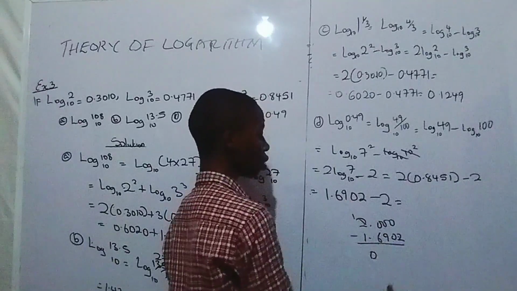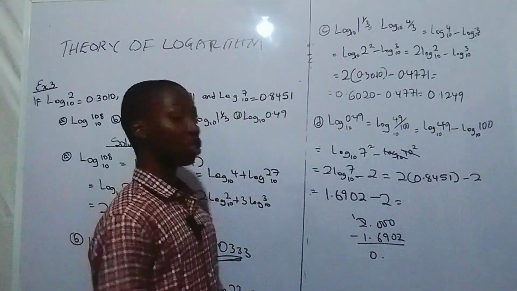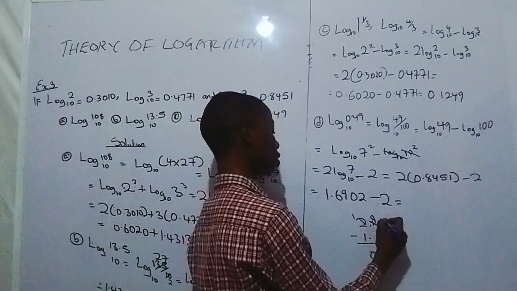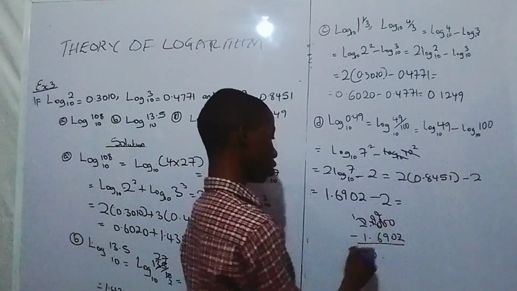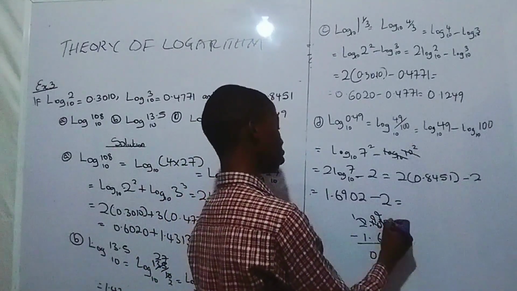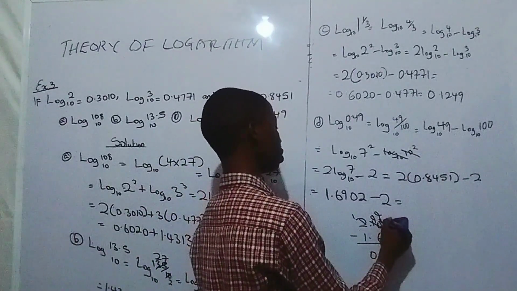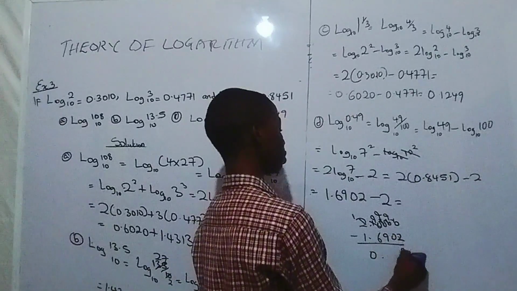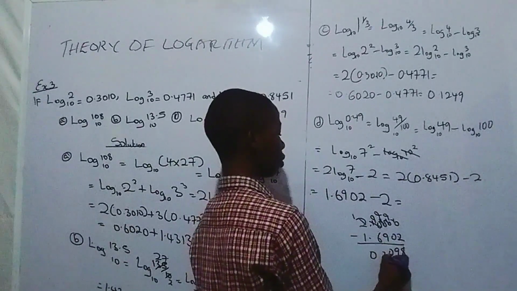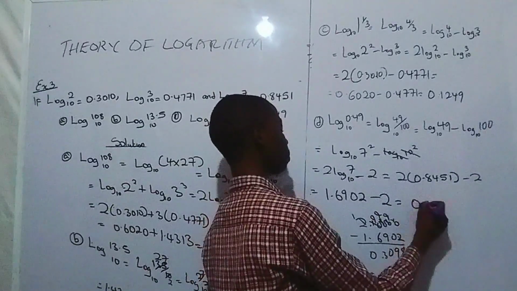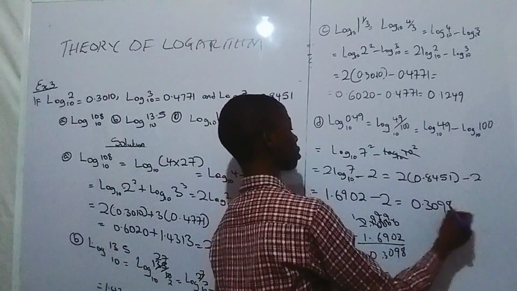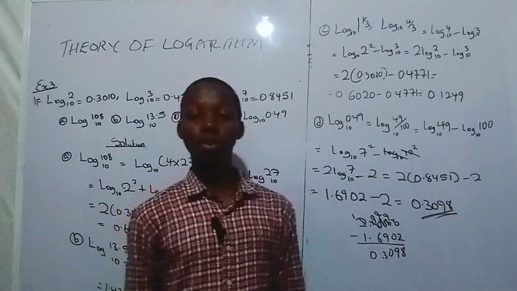This is just normal subtraction we are doing here. That gives 0.3098. So that's that for today.